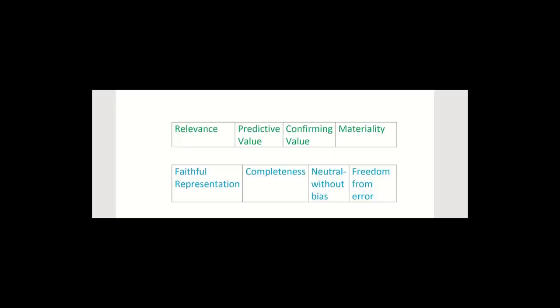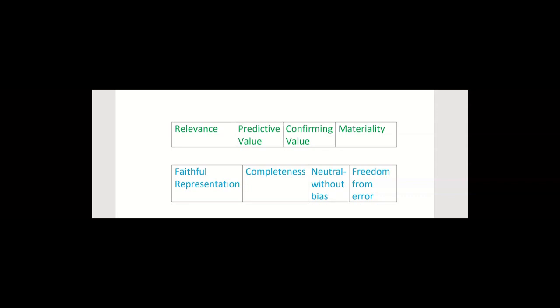Now, here's what the FAR exam expects you to know about the terms relevance and faithful representation. We'll start with relevance. We said these are the two primary characteristics of useful financial information. Relevance, in order to be relevant, the information must contain predictive value, confirming value, and it must be material.